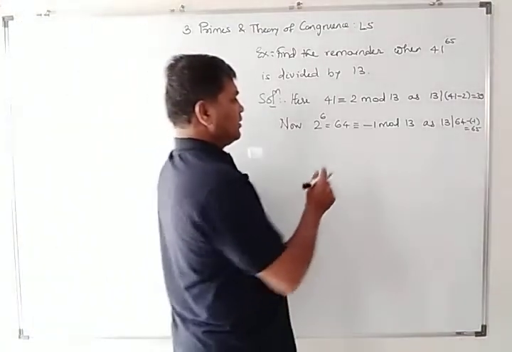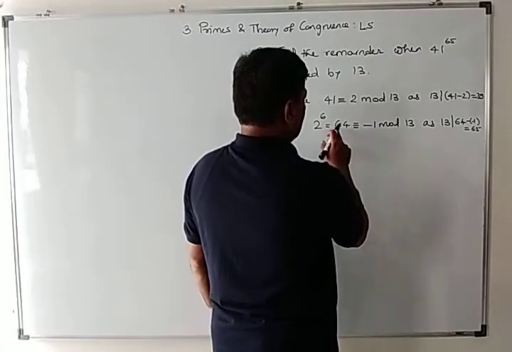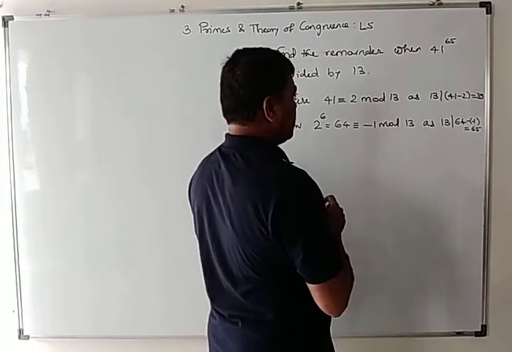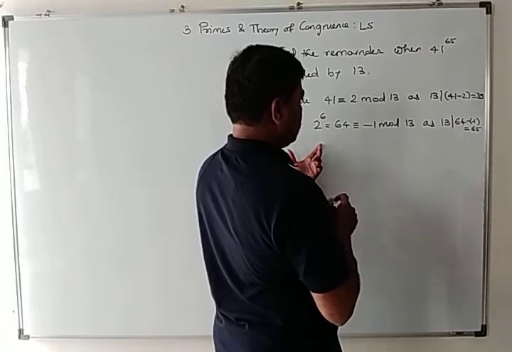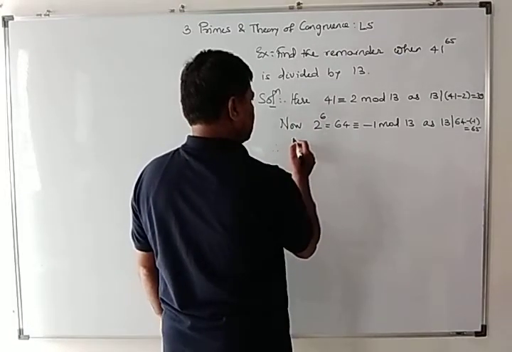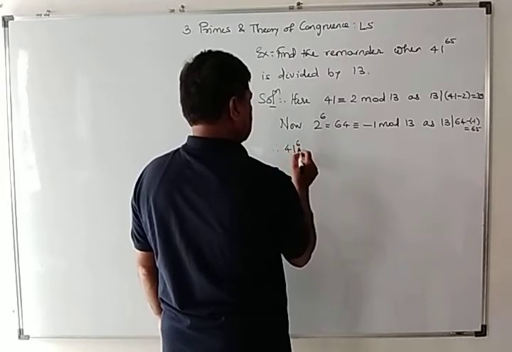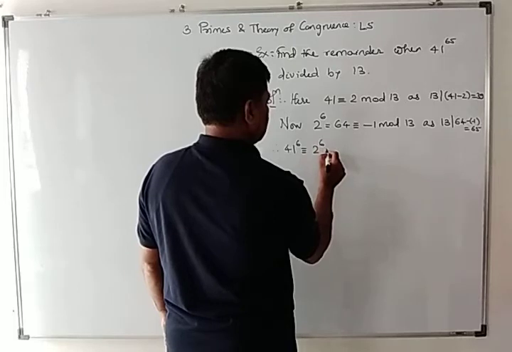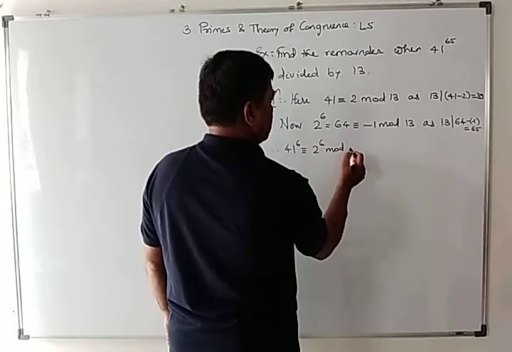Right. So 2 raised to 6, which is nothing but 64, is congruent to minus 1 mod 13. Is it clear? Therefore 41 raised to 6 is congruent to 2 raised to 6 modulo 13.